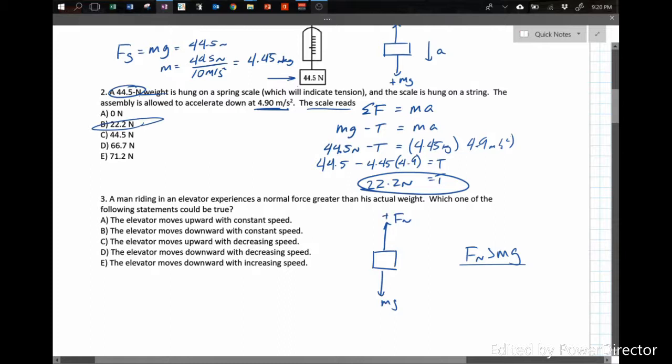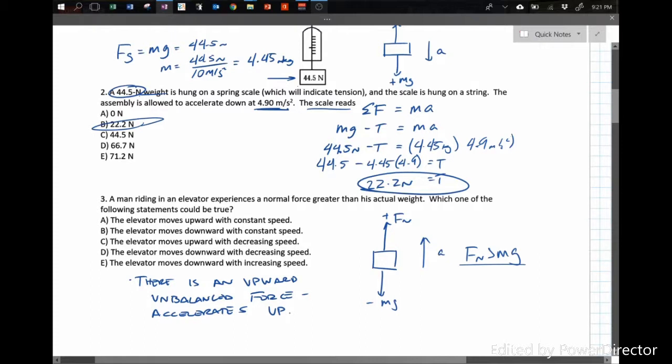If that's the case, the man is going to be accelerating up. The unbalanced force in this situation is up. So there's an upward unbalanced force, and the man is going to be accelerating up.